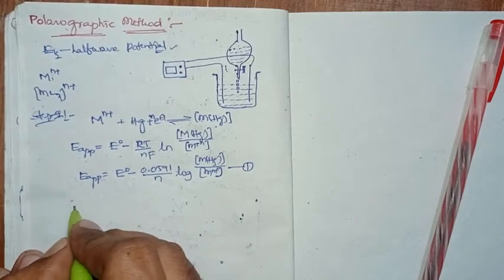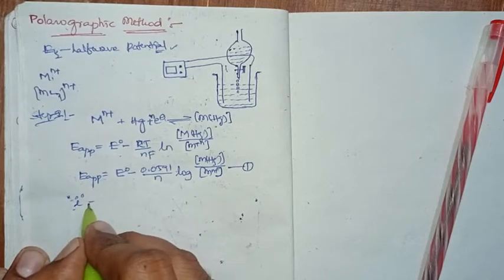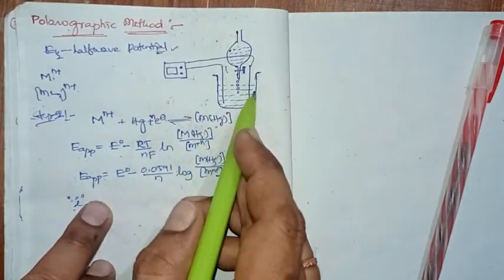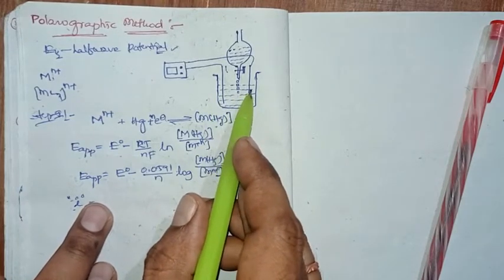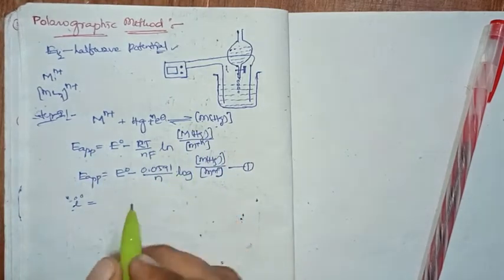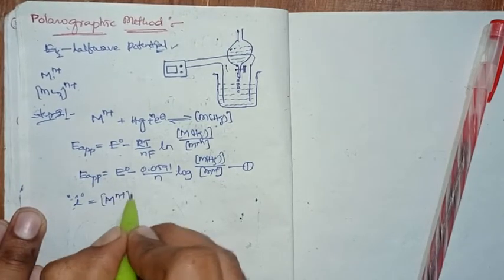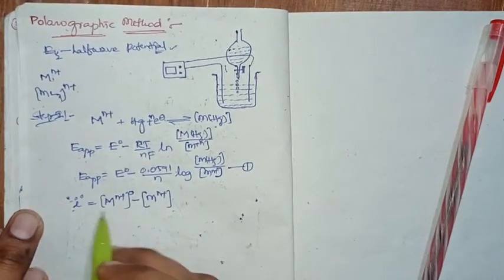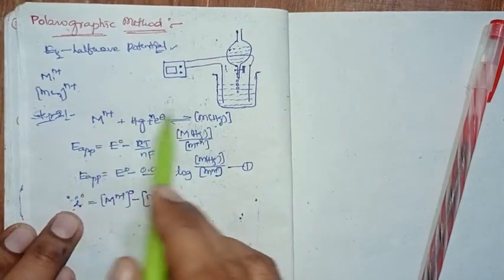Here the applied current I results from applying the current, the metal concentration is reduced, and the metal ion becomes amalgam, right. So the initial concentration of metal ion minus the remaining metal ion concentration, with respect to the current we apply, the reduction of the metal ion happens, right.